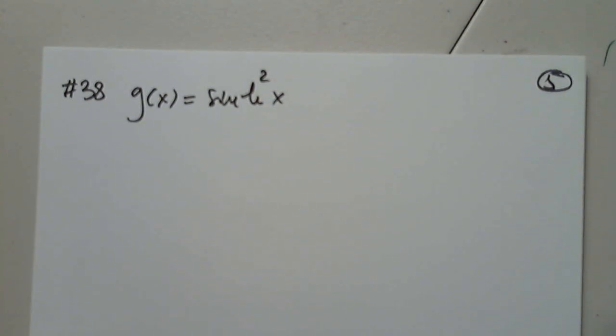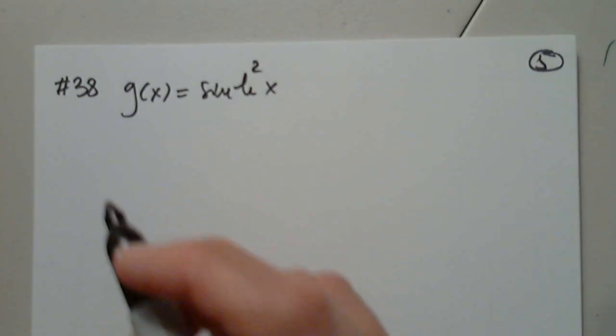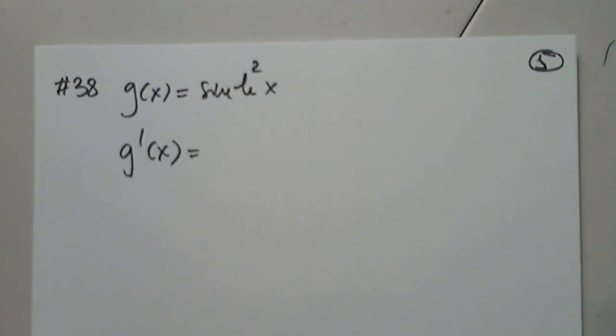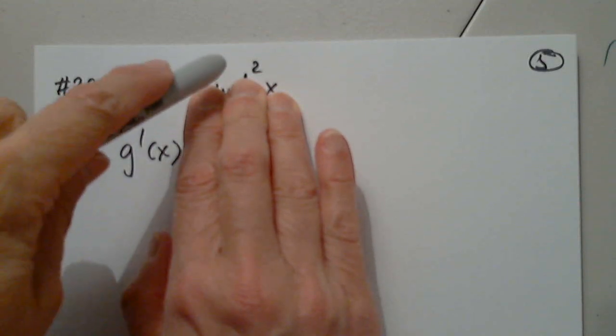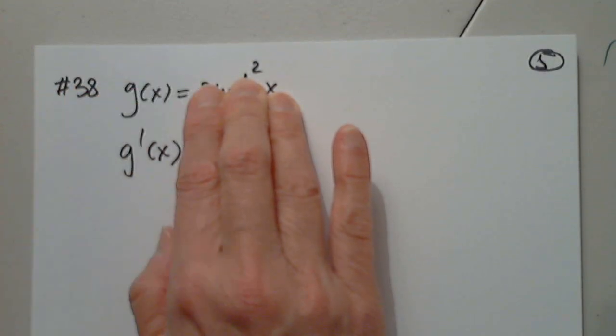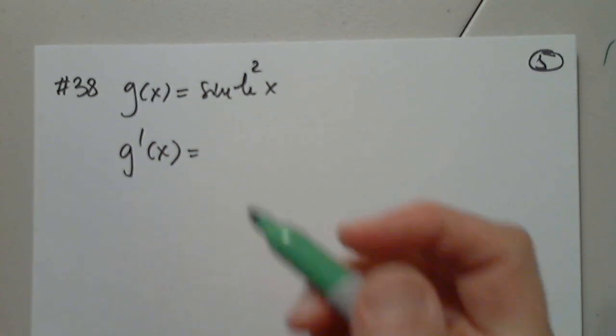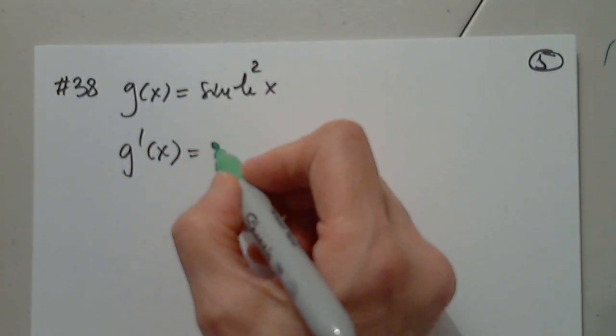Perfect. Good. So like before, for g prime, we have to start with the outer function. This is the outer function. So let's differentiate the outer function. What do I have to write? Please contribute, please. That would be x to the power 2, right? 2.